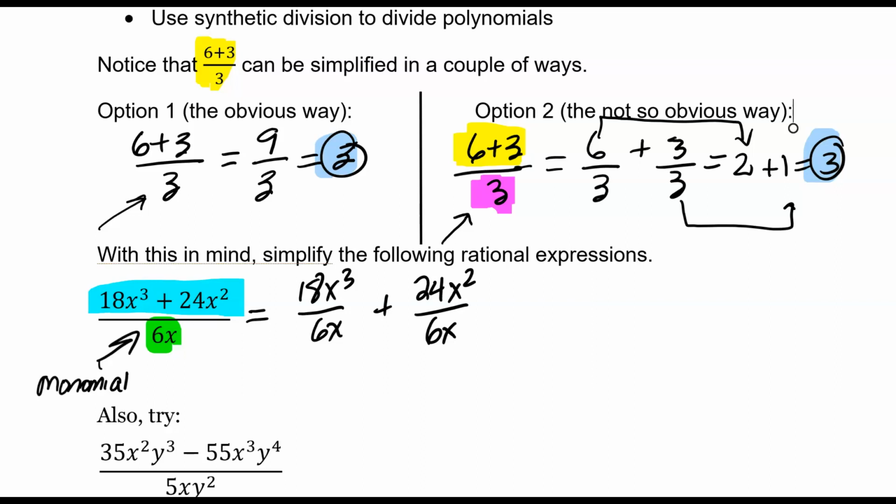All right, let's simplify this 18x cubed over 6x. Well, 6 can go into 18, of course, right? 6 divides into 18 3 times, in itself 1 time.